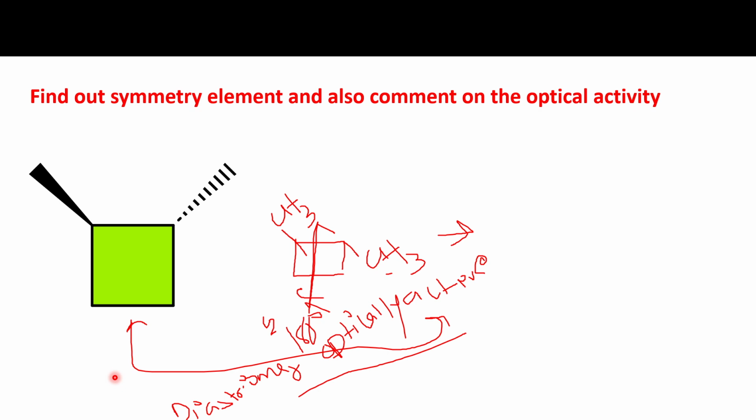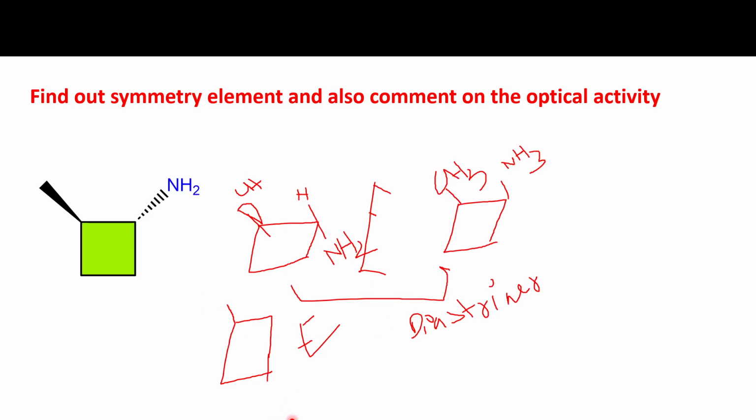These are not simple molecules, not cyclic molecules like that. So they have C2, but they are also optically active because they are non-superimposable mirror images, and the trans and cis conformations are diastereomers of each other.